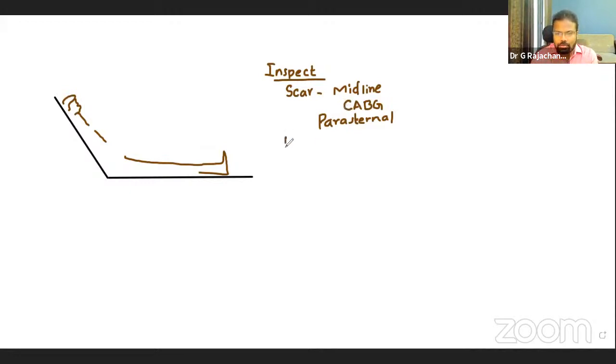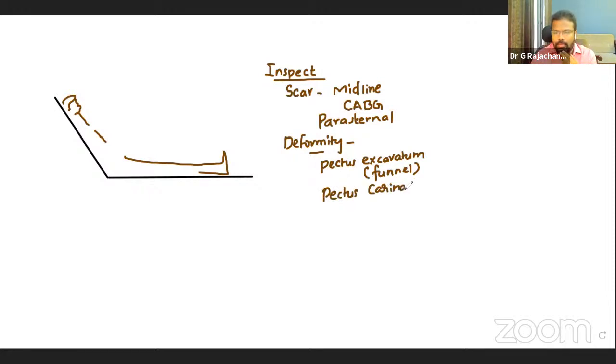Next, along with that, we also need to think about deformity. The deformities that are possible are three types. One is pectus excavatum, also called the funnel shaped chest. Next is pectus carinatum, which is the pigeon chest.